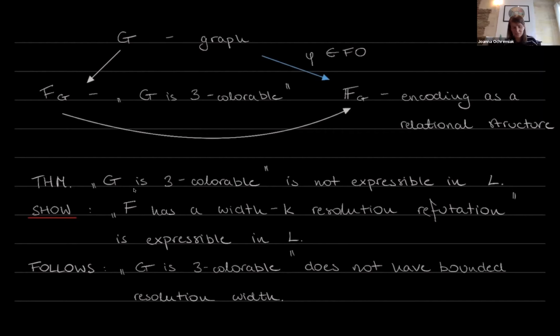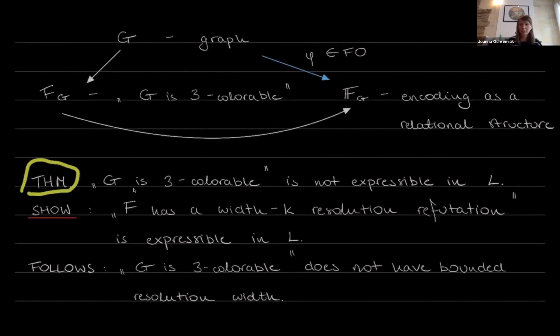So there is no k such that whenever a graph is not tricolorable, you can refute it with resolution proofs of this width.